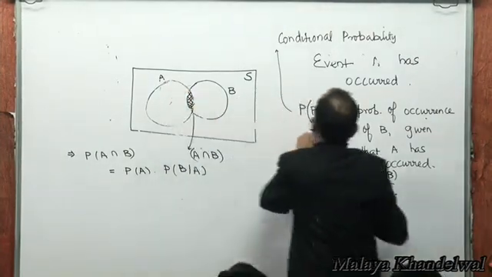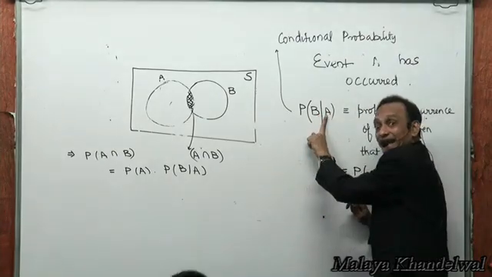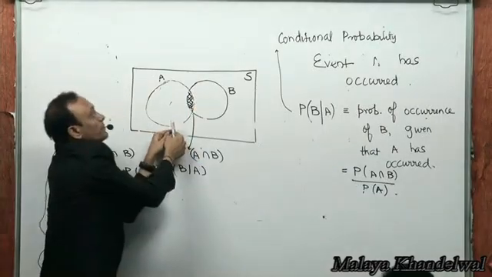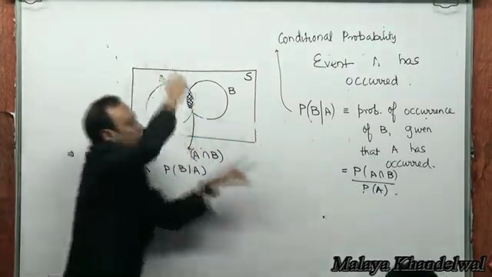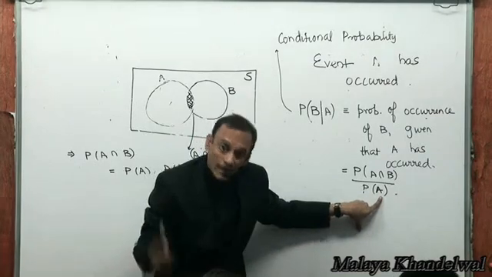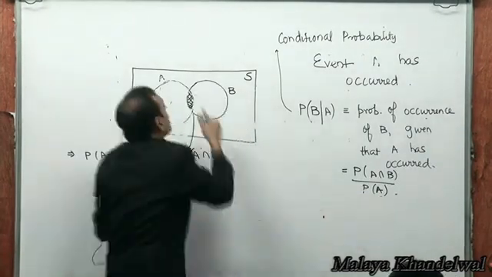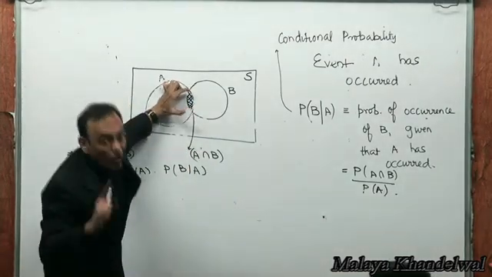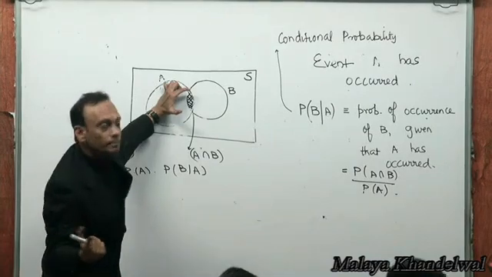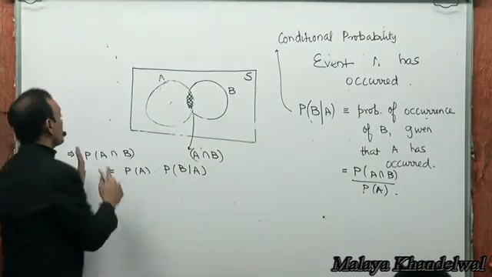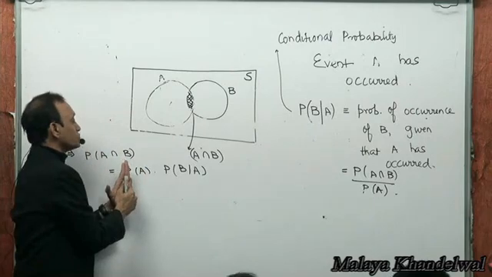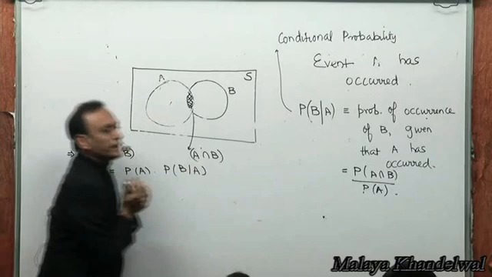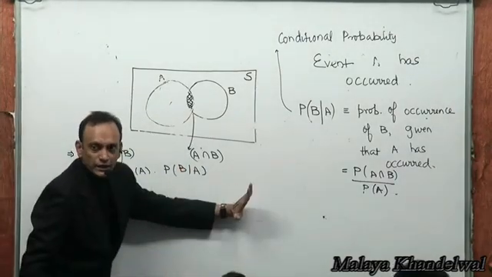Probability of B given that A has occurred: this designates my sample space, and this will be proportional to probability of A. Sample space will come in the denominator, and this will be my favorable region, proportional to probability of A intersection B. That's why probability of A and B is going to be probability of A into probability of B given that A has occurred.